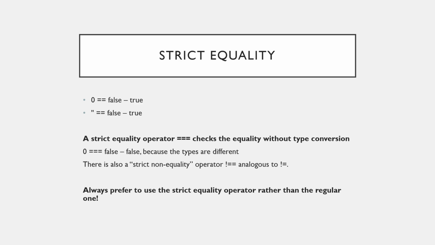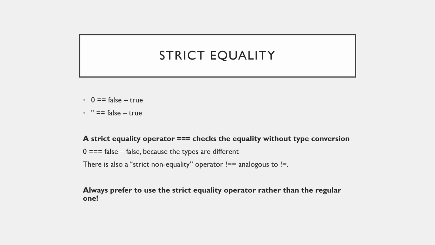But what to do if we'd like to differentiate 0 from false? Well, a strict equality operator, which is written with three equal signs, checks the equality without type conversion. So in other words, if A and B are of different types, then strict equality of A and B immediately returns false without an attempt to convert them. There's also a strict non-equality operator, which is the exclamation point and two equality signs, which is analogous to the non-strict non-equality operator.